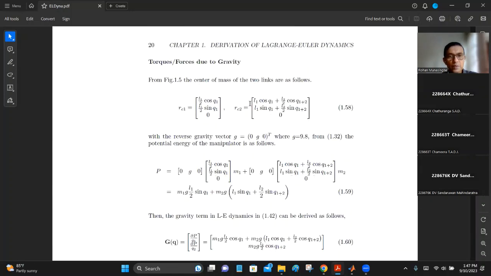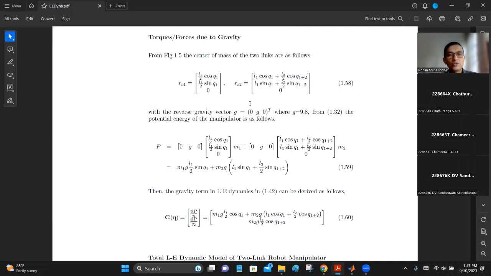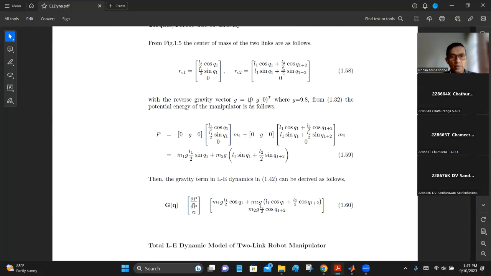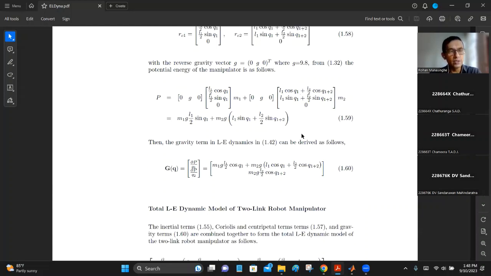And third, you calculate the distance from the base to each and every link. These rC1, rC2 are the position vectors of the links, and then you use the potential energy expressions to calculate the third term in the Lagrange-Euler dynamics.